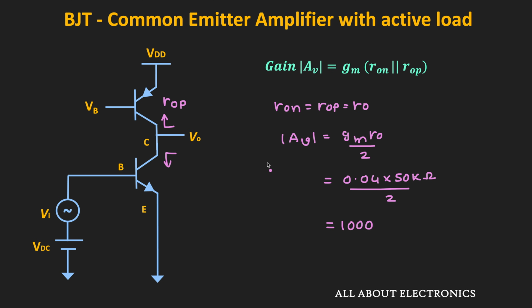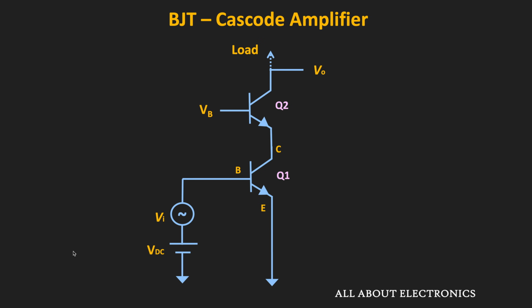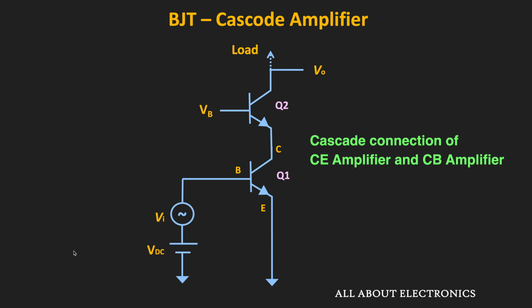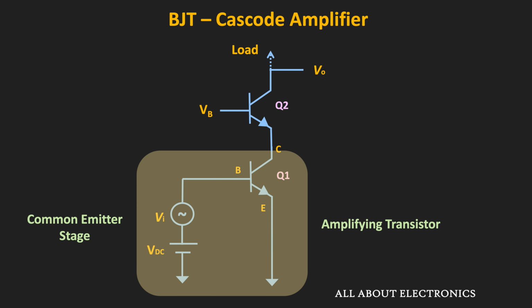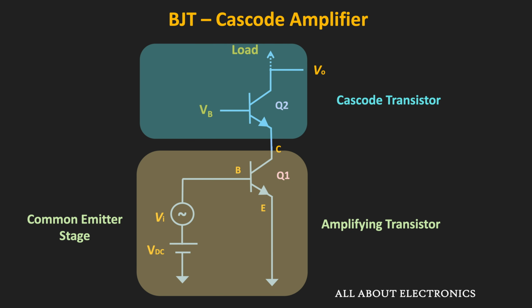And this cascode amplifier exactly does that. The cascode amplifier is the cascade connection of the common emitter amplifier and the common base amplifier. Here, the common emitter amplifier is the amplifying transistor, and the common base amplifier is the cascode transistor.